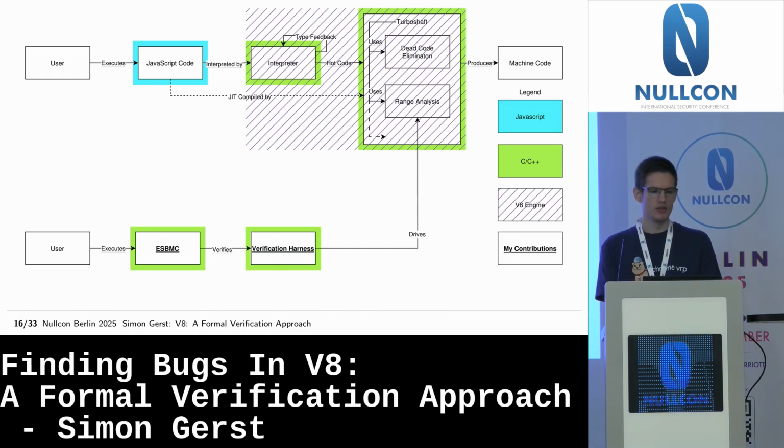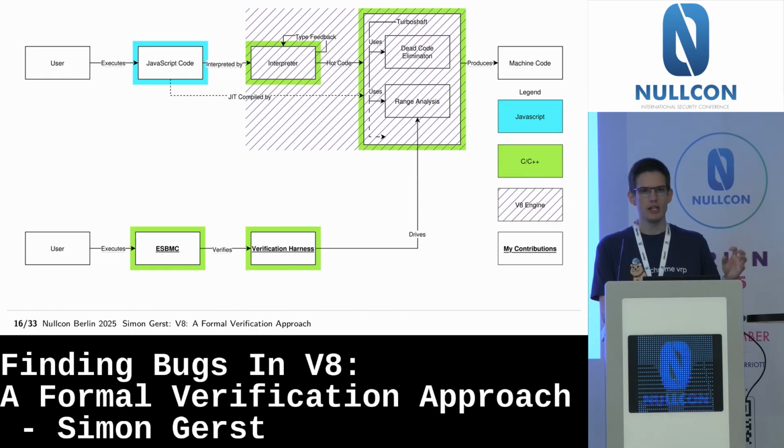Okay, so we have our range analysis, and the main way to interact with the range analysis is, of course, using JavaScript code. The JavaScript code is interpreted and then given to range analyses. And what I now want to do is interact with the range analyses from my own code.